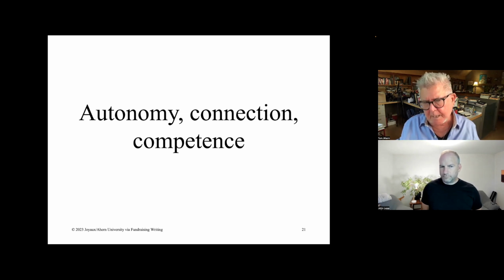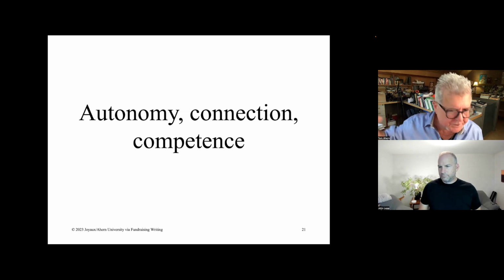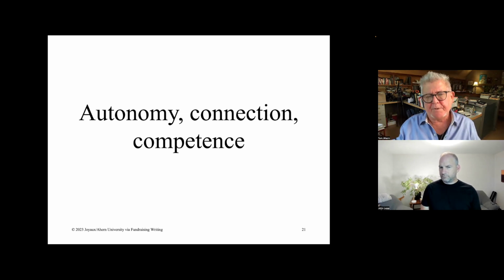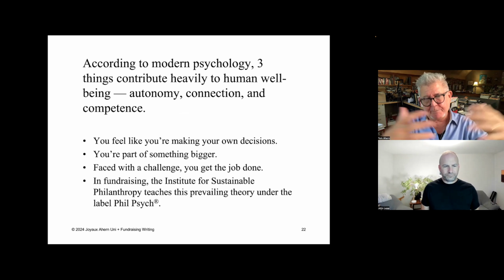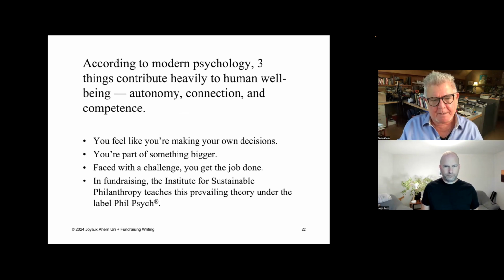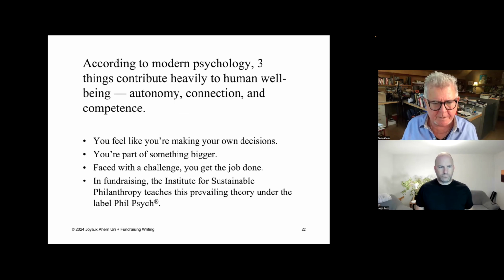Autonomy being I make my own decision, connection being I'm not isolated, and competence being I feel like I can get through the day and not screw up terrifically much, that I'm basically good to go. All right. And as it says here, it repeats that at the top, and it repeats that at the bottom too. You feel like you're making your own decisions, part of something bigger, you're faced with a challenge, you get the job done.